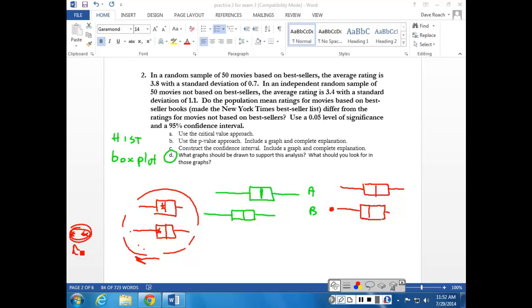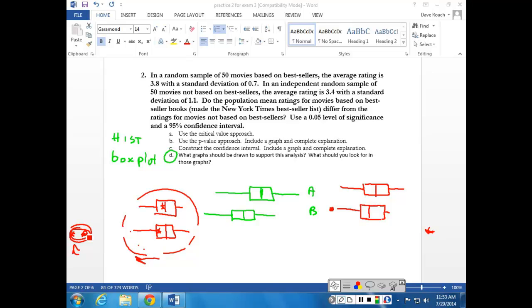Or maybe, if it was something over here, like the Bill Gates kind of thing, maybe that shouldn't be in the sample at all. But having those 1 or 2 extreme values down there makes the difference between the two groups a suspect kind of thing.